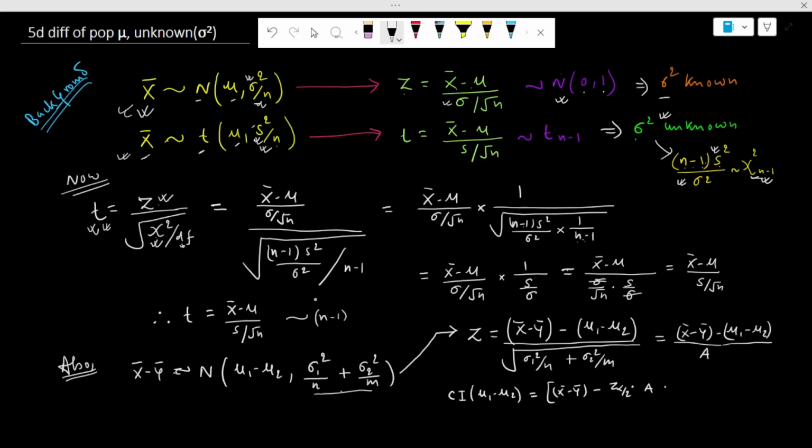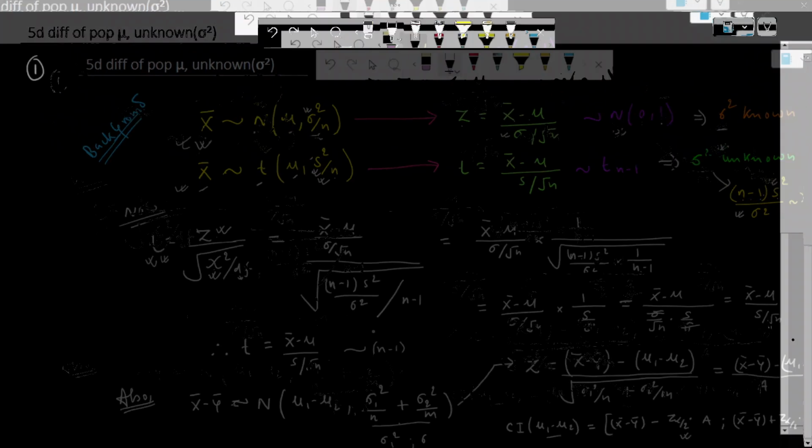This is our lower limit, and then the upper limit. In this case we have assumed that the variances of the populations are known.